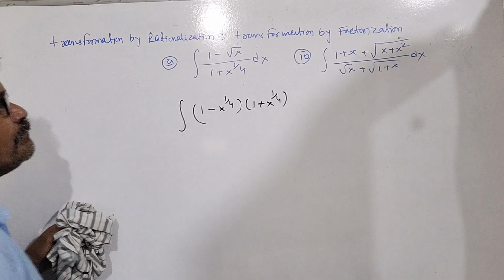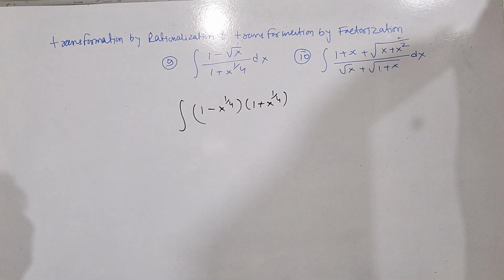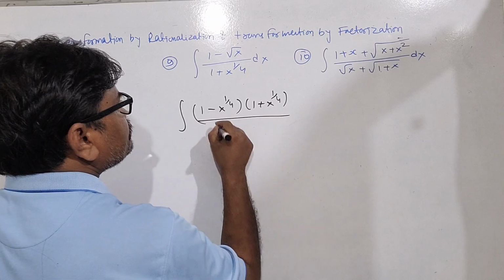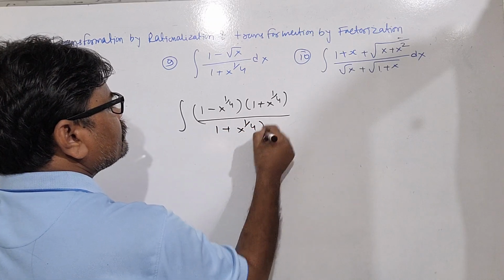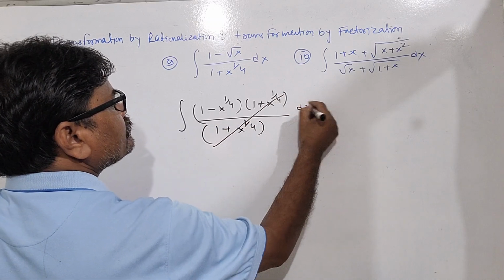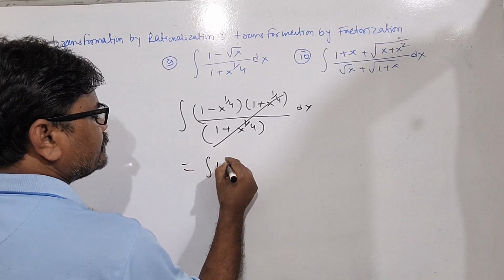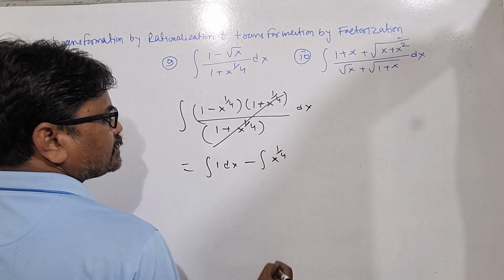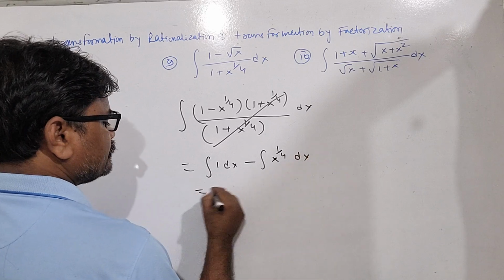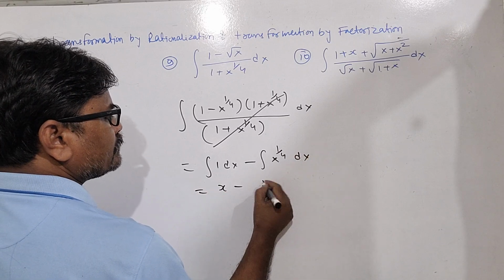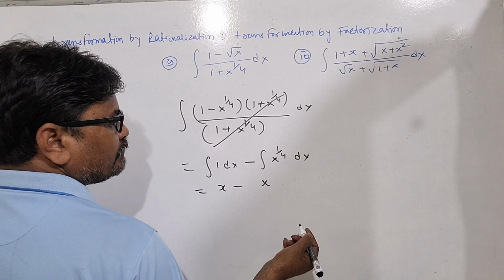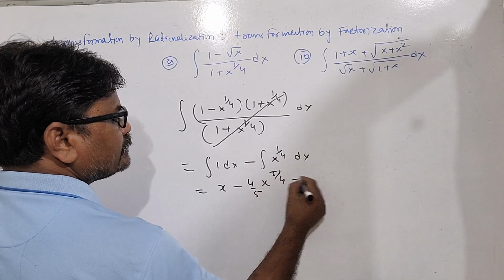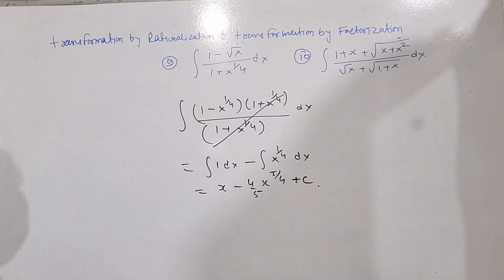That will be 1 minus x to the power 1/2. So this will get cancelled out, fine. Therefore integration of 1 dx minus integration of x to the power 1/4 dx, that's it. This is x to the power 1/4 plus 1, 5/4, so this is 4/5 plus c, correct?